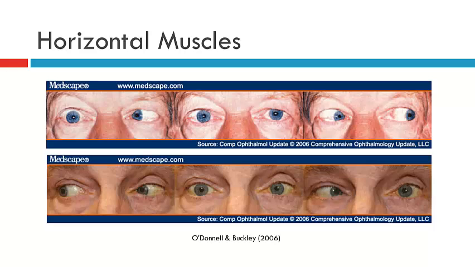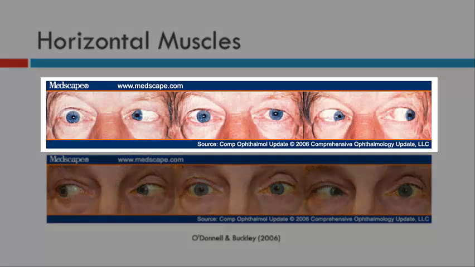Let's have a look at a few examples. Here we have a couple of patients with abduction deficits. Now for the top image, we have a right lateral rectus palsy, and what we see is a deficit or a limitation in right abduction. But the eye does come to midline, it just does not go beyond midline.